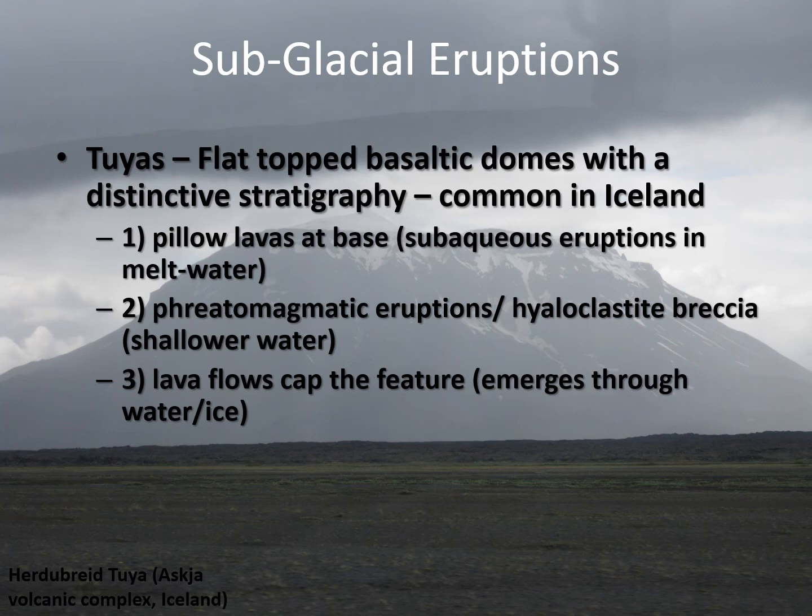And then once everything's melted and all the water's blasted away, then it just erupts like basalt would erupt anywhere else, either A'a or Pahoehoe, or sometimes just really blocky.